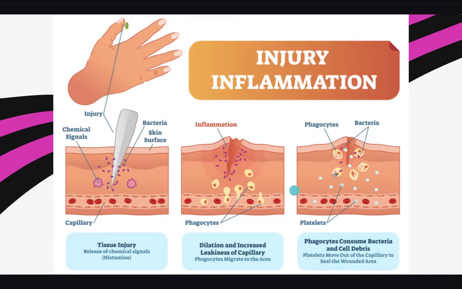Okay? So phagocytes, upon killing the microorganisms, so pag may mga debris yan, kakukunin yan ng mga phagocytes, and then they will send it to our lymph nodes. Kaya yung ating lymph nodes, sometimes they would swell, because the swelling is a natural indication that the immune system is working along with the lymphatic system. So yun.